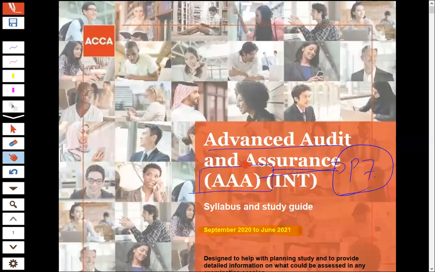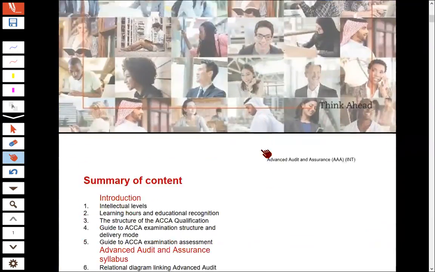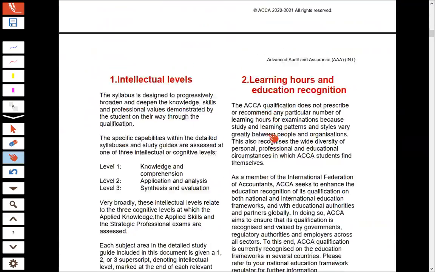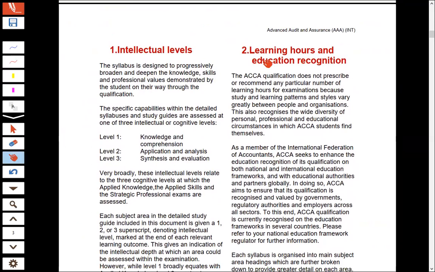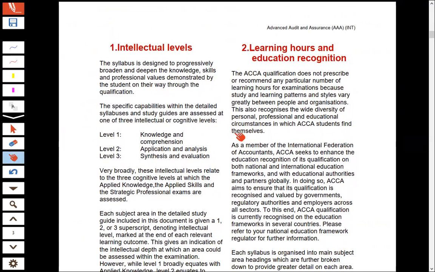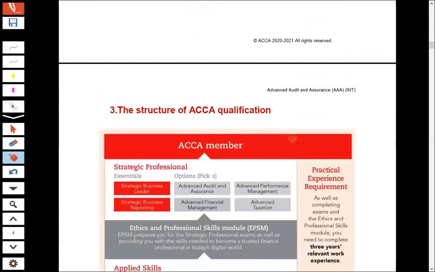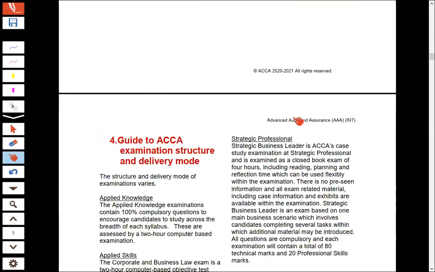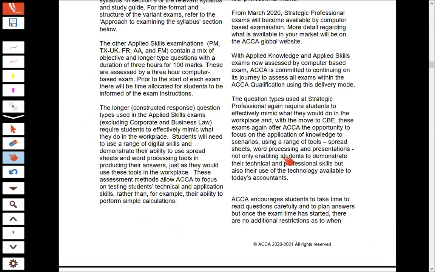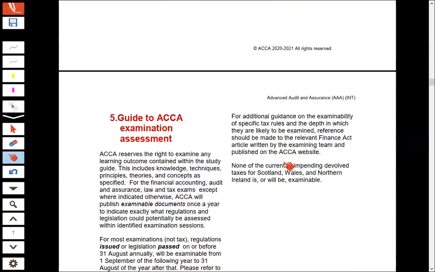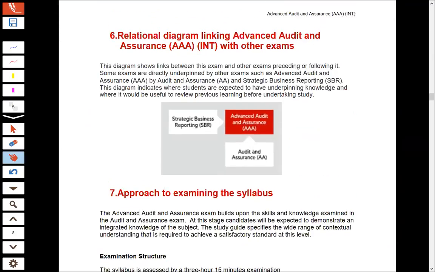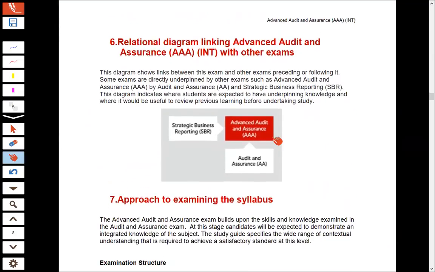Now let's have an introduction about the syllabus. These are the intellectual levels, learning aims and education recognition, things which you might already be aware of. So without wasting any time, I am quickly moving forward to the syllabus first, and this is the structure.